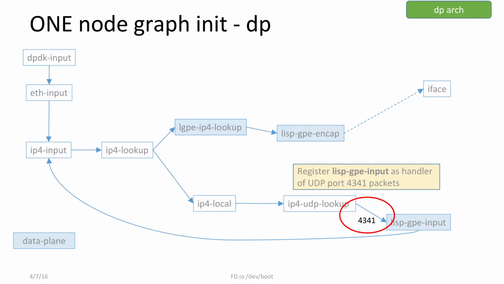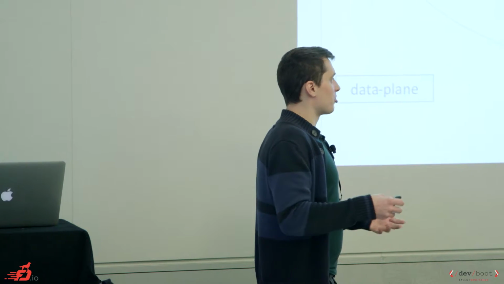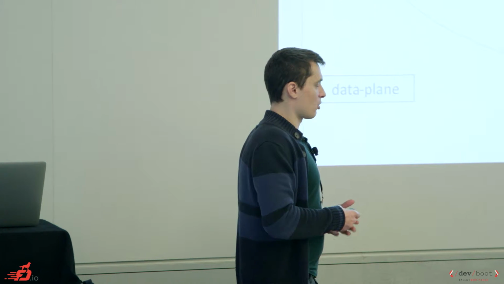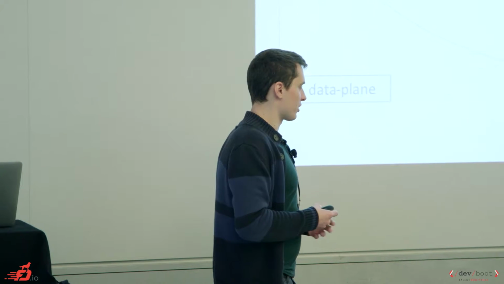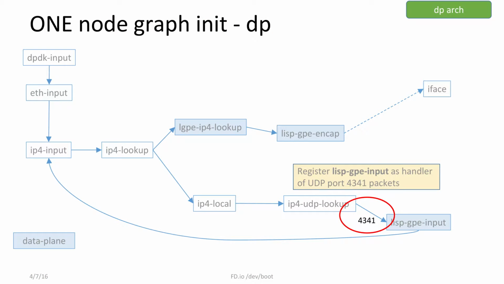And another thing important in LISP-GPE's data path is that we need to receive encapsulated packets as well. So that was the send or egress path. The ingress path works like this. LISP-GPE as a protocol, by the way, this is the protocol we're using right now for encapsulating. It just so happens to be LISP-GPE, which is very similar to GPE.